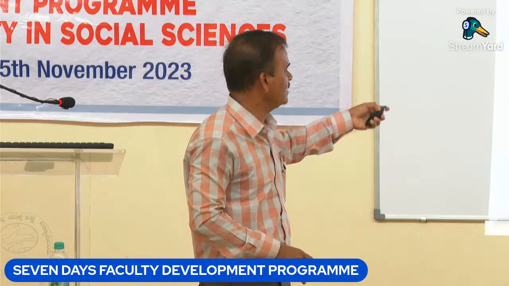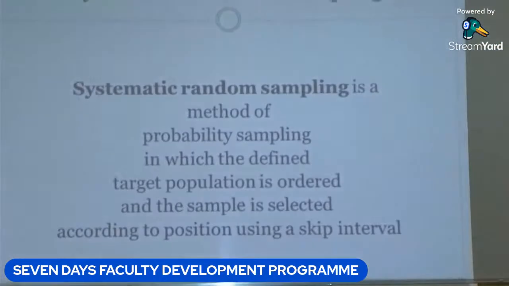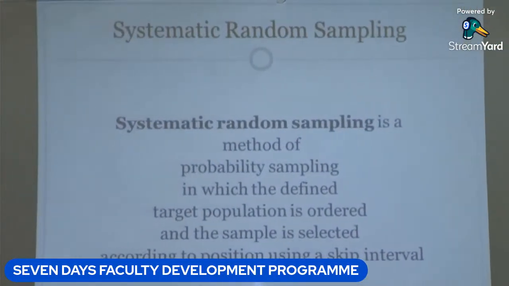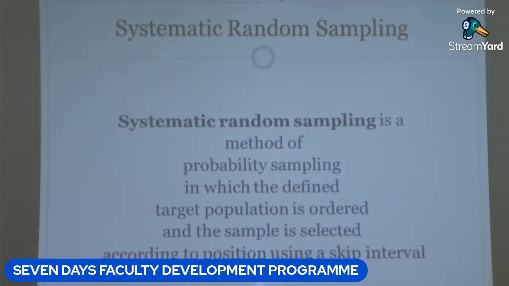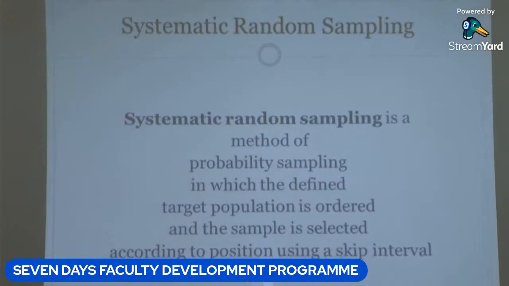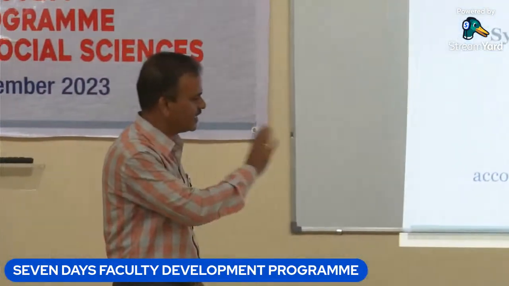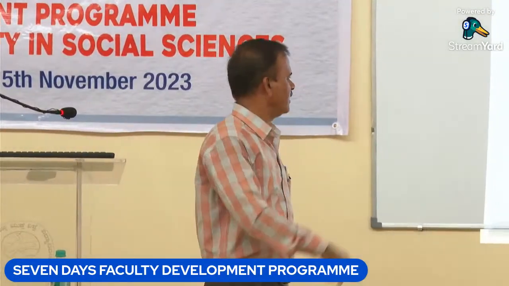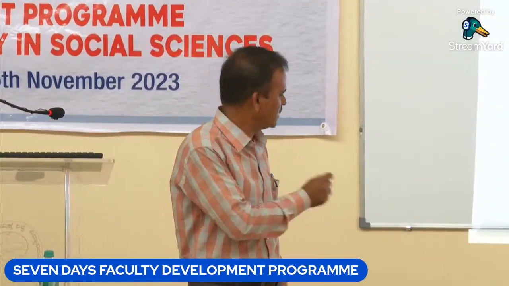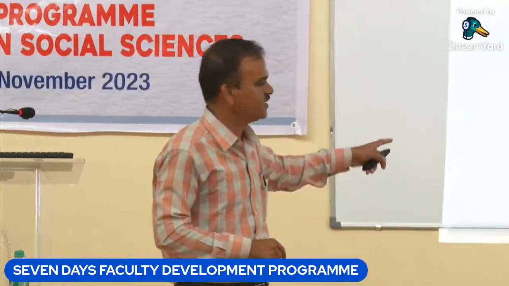And the second one is the systematic random sampling method. There is a systematic procedure in selecting the sample units from the population. You have a targeted population of your study which is ordered, and the sample is selected based on position using a skip interval.